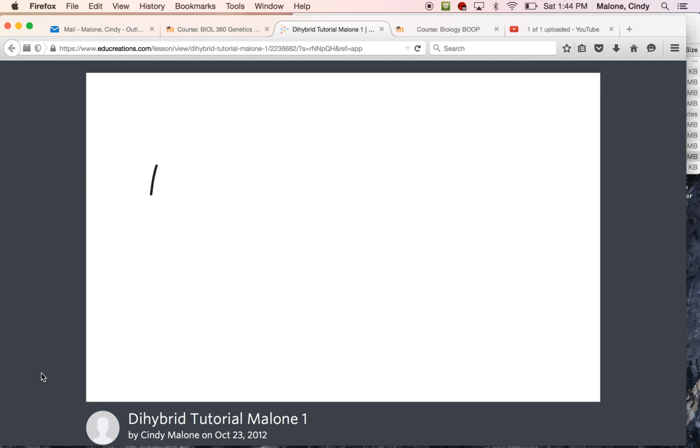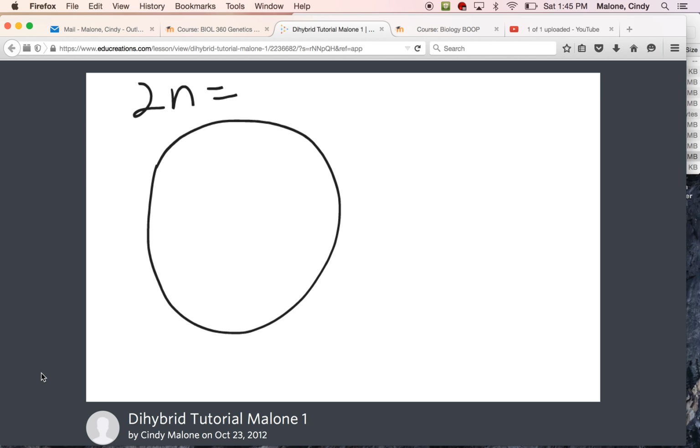Remember, if you're a cell, and let's say we're 2n equals 6, how many chromosomes are we going to have? 6 chromosomes is what we should have if we're 2n equals 6.